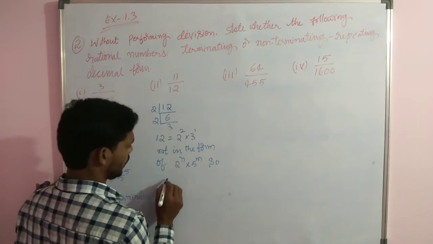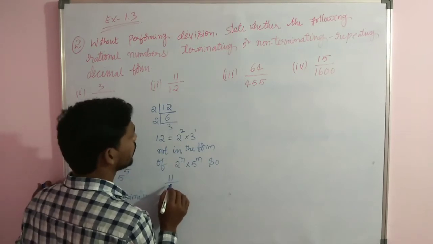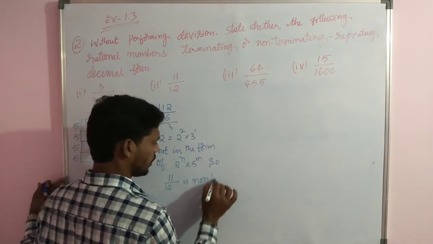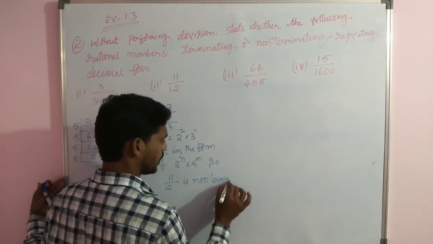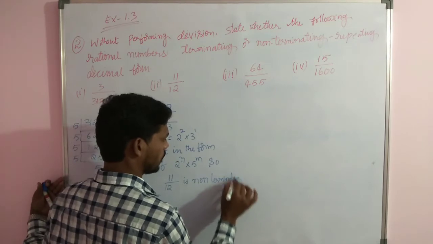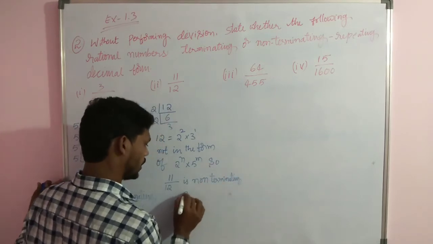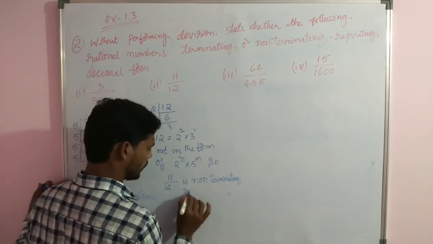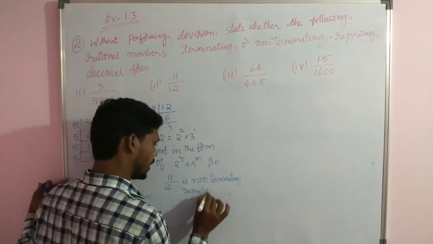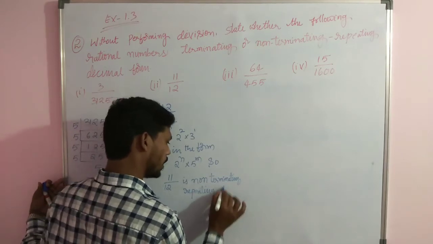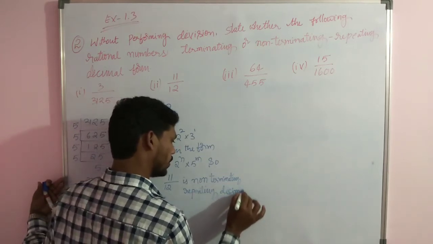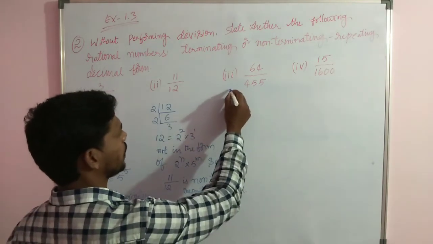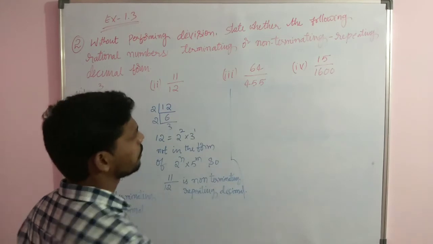So the given rational number, that is 11 by 12, is a non-terminating repeating decimal. Next problem, that is 64 by 455.